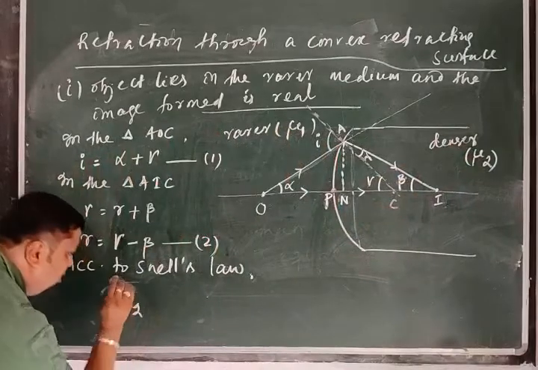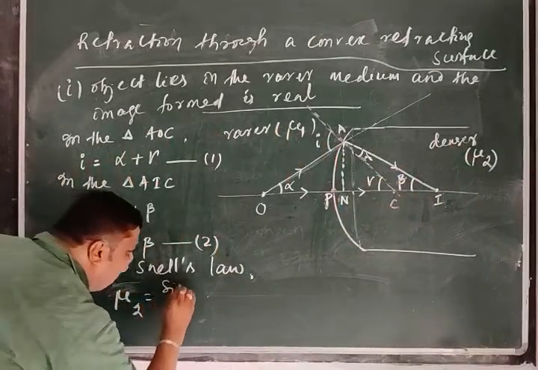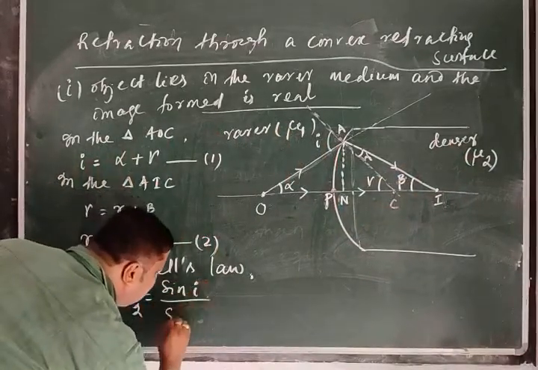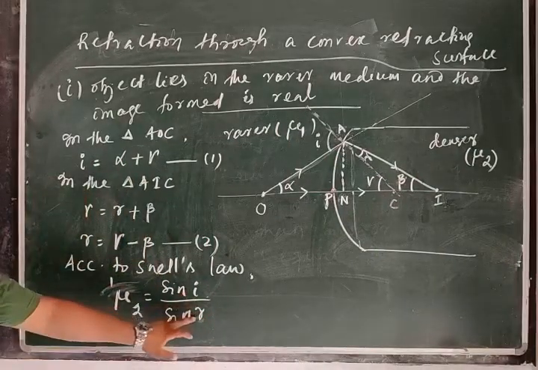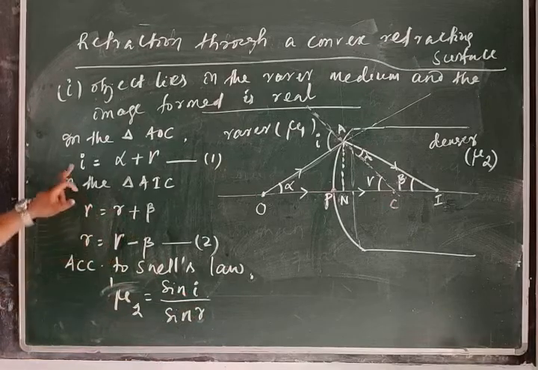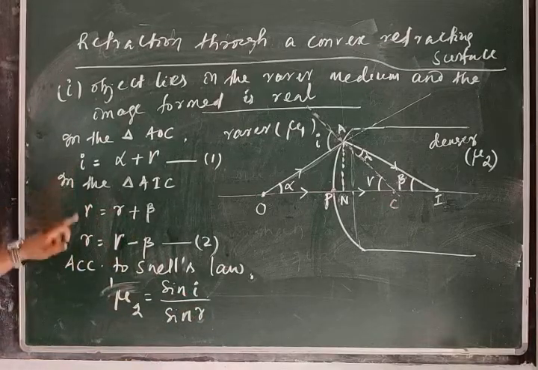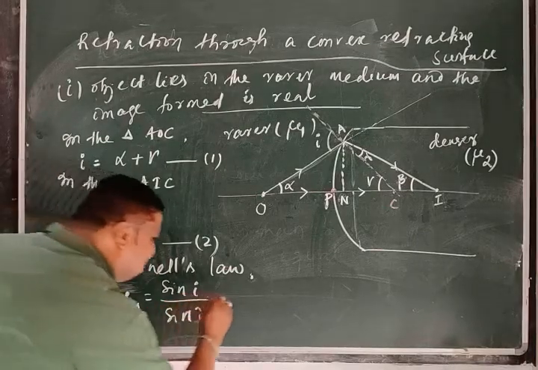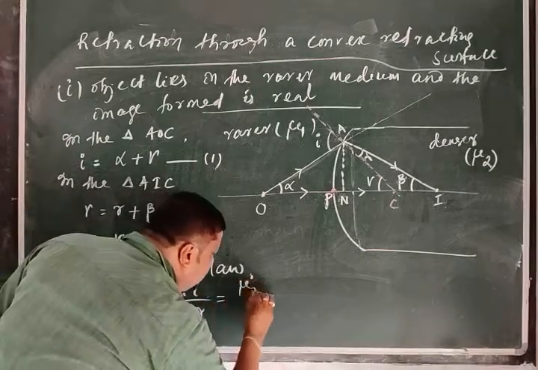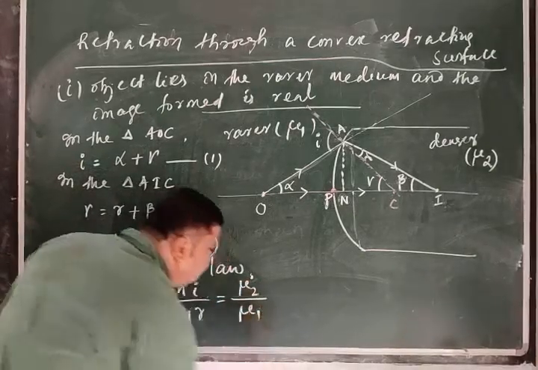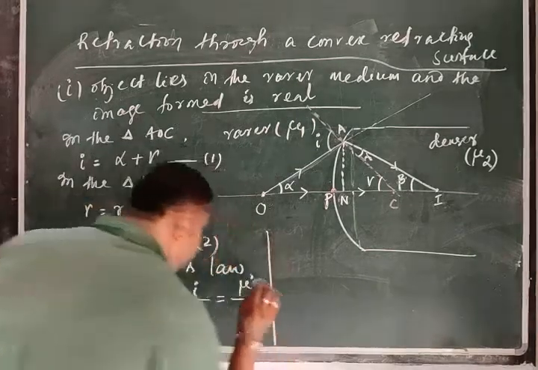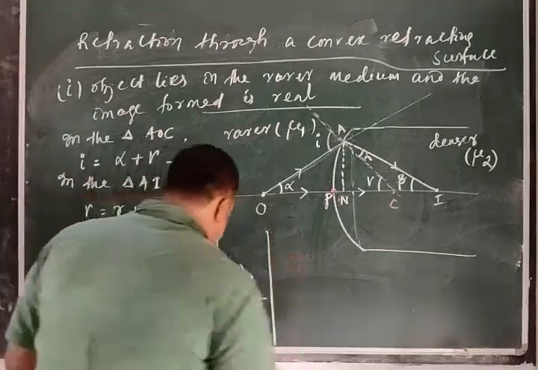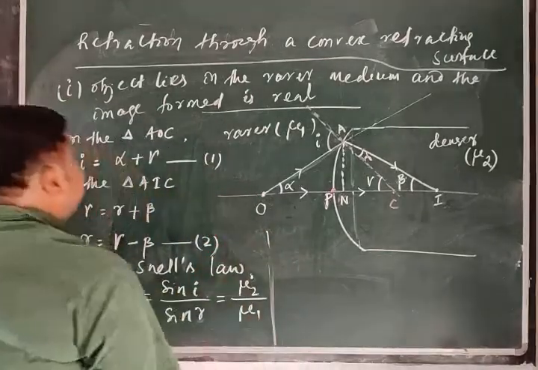So the refractive index of 2 with respect to 1 is equal to sine of angle of incidence by sine of angle of refraction. Because here we know i and r, I have taken this in terms of i and r, equations 1 and 2. Or you can write this as mu2, the absolute refractive index of the second medium, denser, by mu1. Now you cross multiply this one, you will get, or I can write like here.